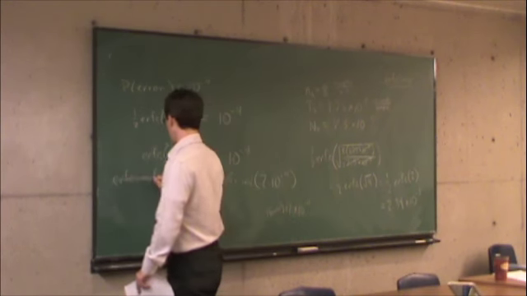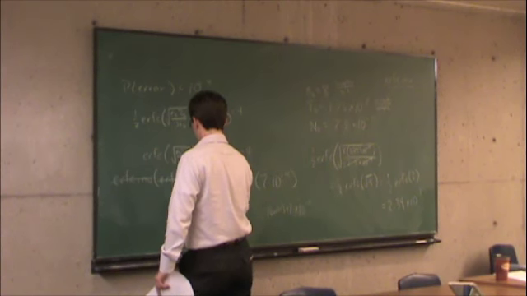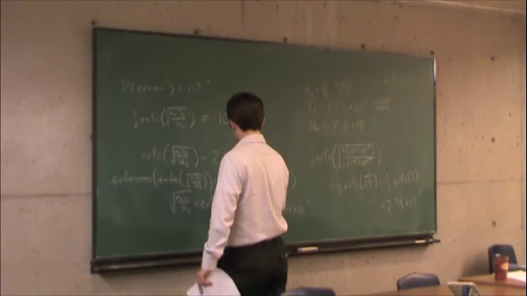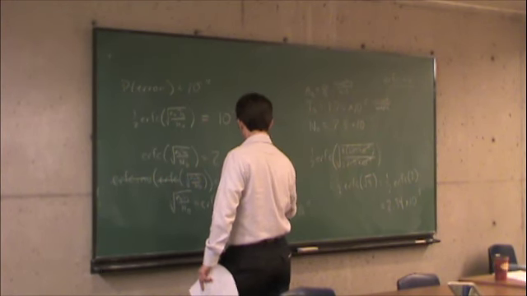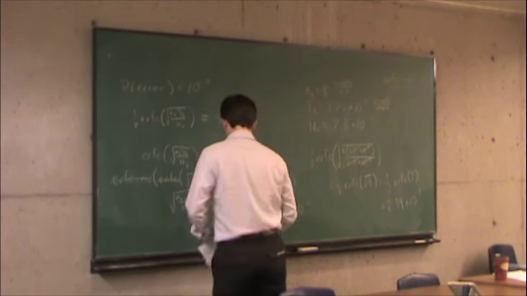Erfc inverse cancels with erfc, and I get the square root of N_B T_S over N0 is equal to erfc inverse of 2 times 10 to the minus 4.